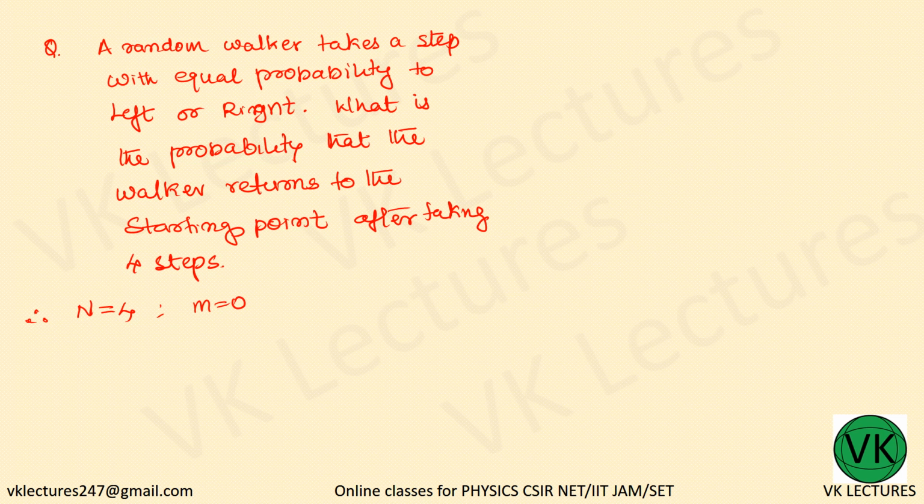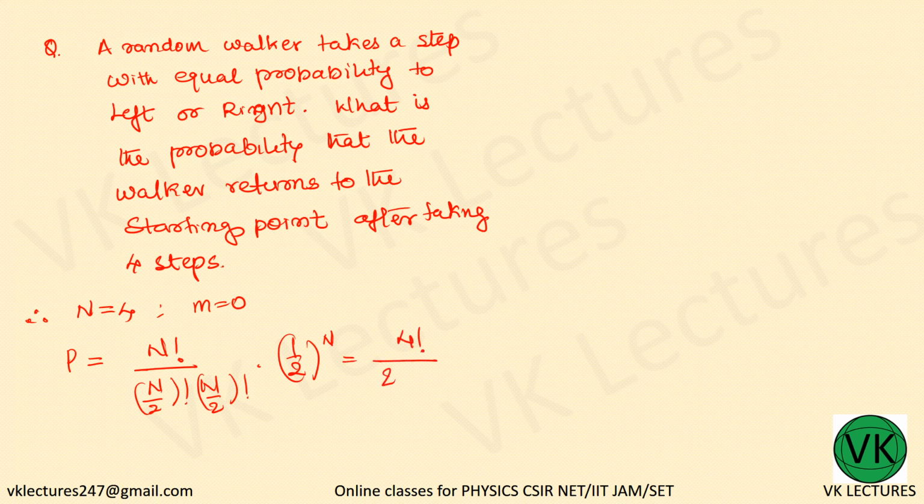So probability P equals n factorial divided by n by 2 factorial into n by 2 factorial into 1 by 2 whole to the power n. That's equal to 4 factorial by 2 factorial into 2 factorial into 1 by 2 whole to the power 4.